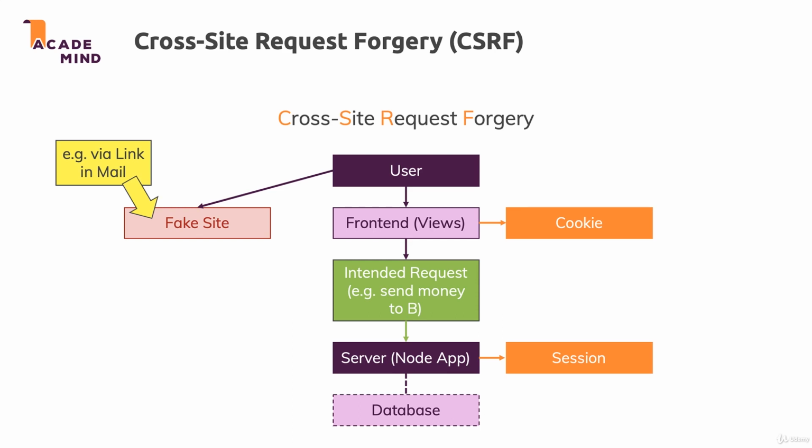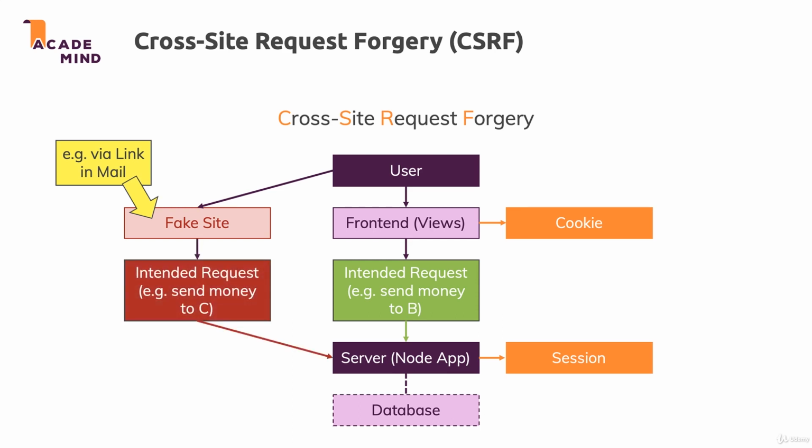The problem just is, since you're on a fake site, the request might be one that is intended by the fake site but not by you, for example to send money to C. And this request will succeed because you sent the right cookie, the right session ID, and you send it to the right backend.